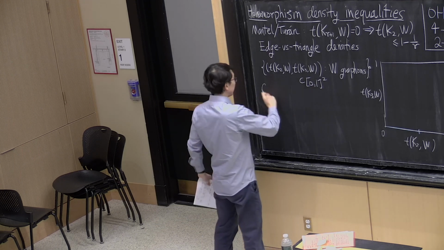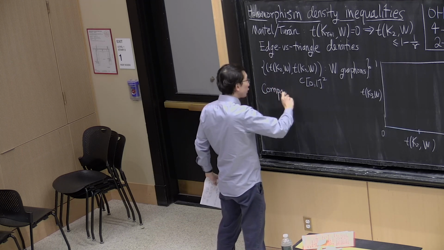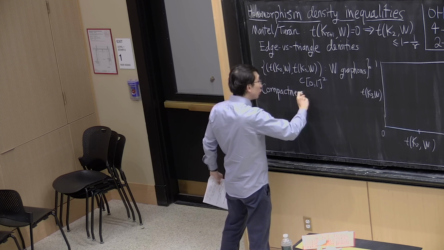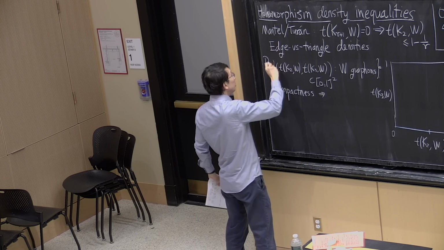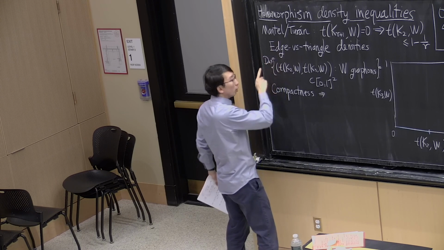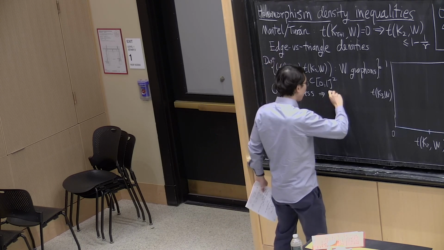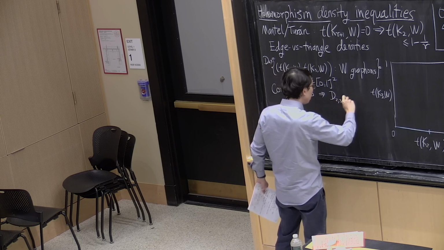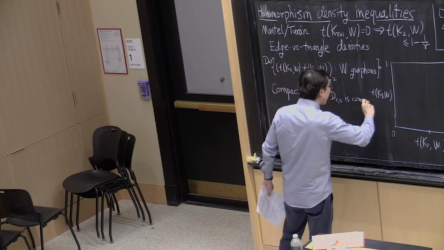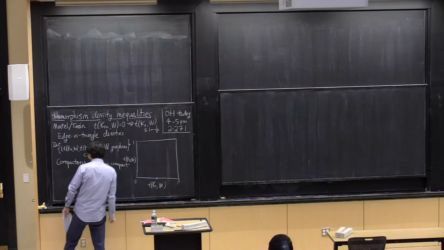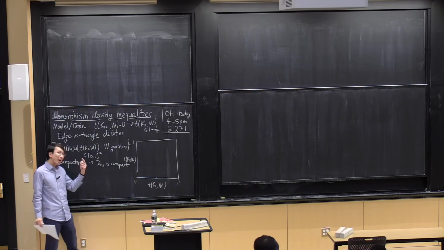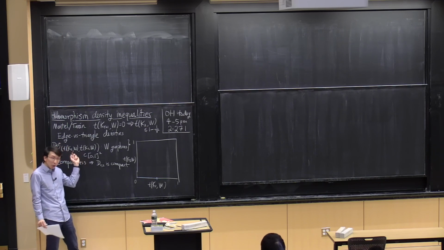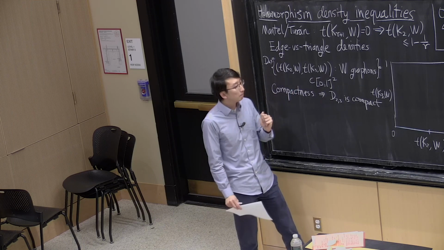The compactness of the space of graph functions tells us that this region is compact. Let me call this region D23, for edge versus triangle. So D23 is compact because the space of graph functions is compact under the cut metric, and densities are continuous under cut distance.